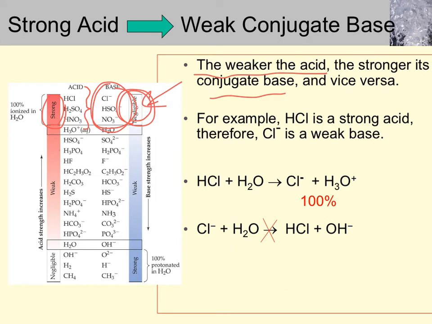Now we get down to weak acids, but they get weaker and weaker as you go down. So let's look at the very, very weakest acids. In other words, these bottom 3 are not likely to give up a hydrogen ion at all. What that means then is that their conjugate bases are very, very strong. So just remember there's an inverse relationship in the acidity/basicity for acids and their conjugate bases.